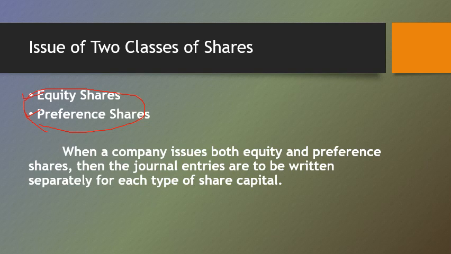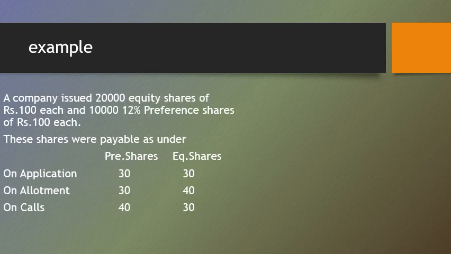When a company issues both equity and preference shares, the journal entries are to be written separately for each type of share capital.